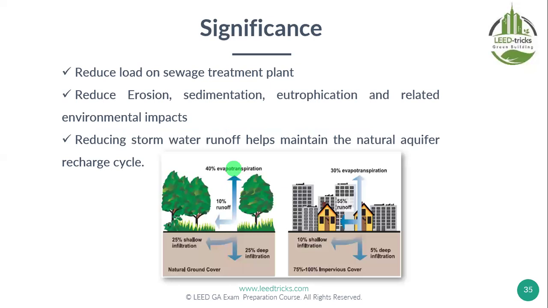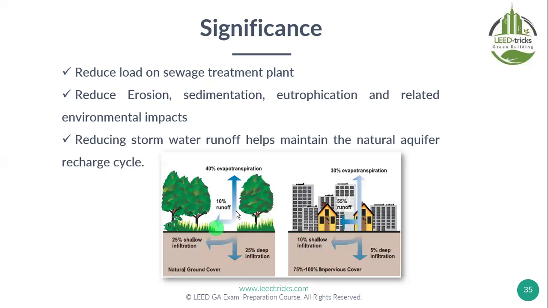Reducing runoff. How to reduce? We see this picture. Have we seen it before? At the start of the chapter. Reduce load on the sewage treatment plant, like no need to send water to be treated. Why? Because when I use natural filtration like this, even the grass works as a filter for the stormwater that will run off.